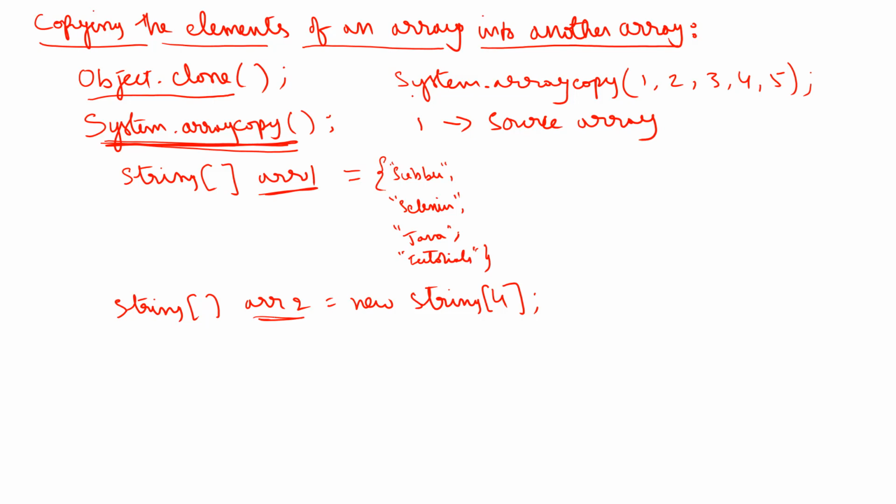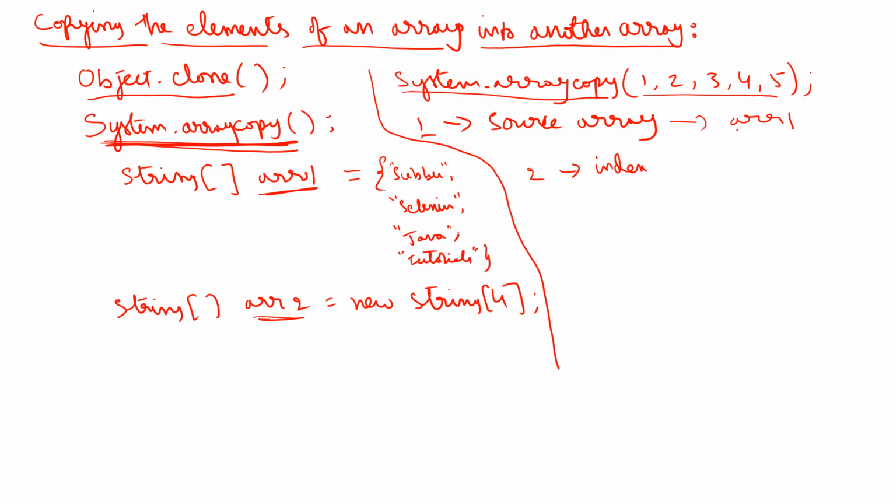So I will use the method System.arraycopy, and it takes 5 arguments, and the first argument is the source array. So in this case, this is ARR1. Now the second argument is the index of the source array from where the copying should start.